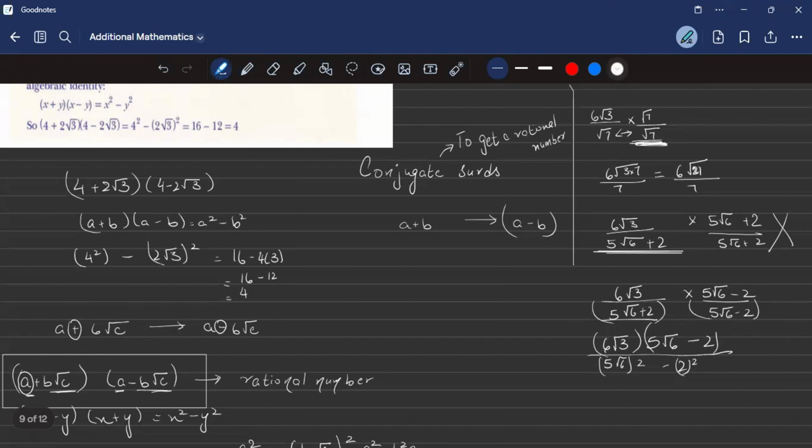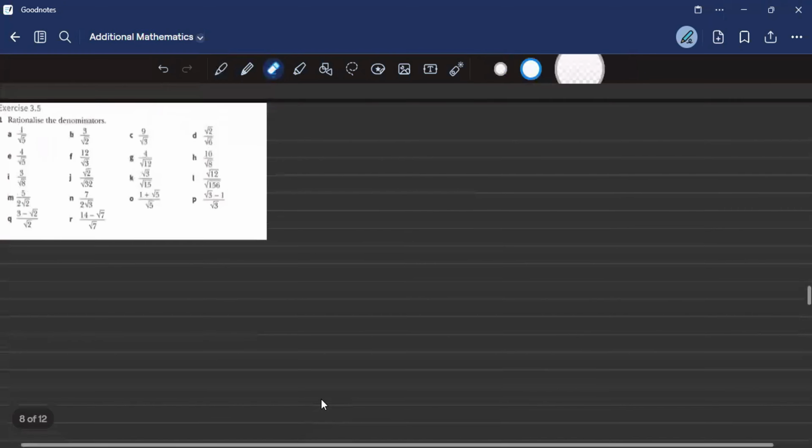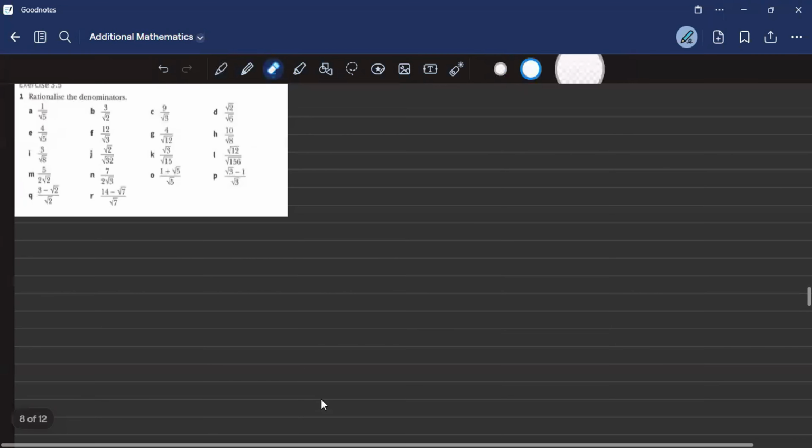We'll get through them in the questions. I'll try my best to explain in the best detail possible. So proceeding on to the questions. Before I proceed, let me just clear the page. Okay. Now proceeding on to question number 1.